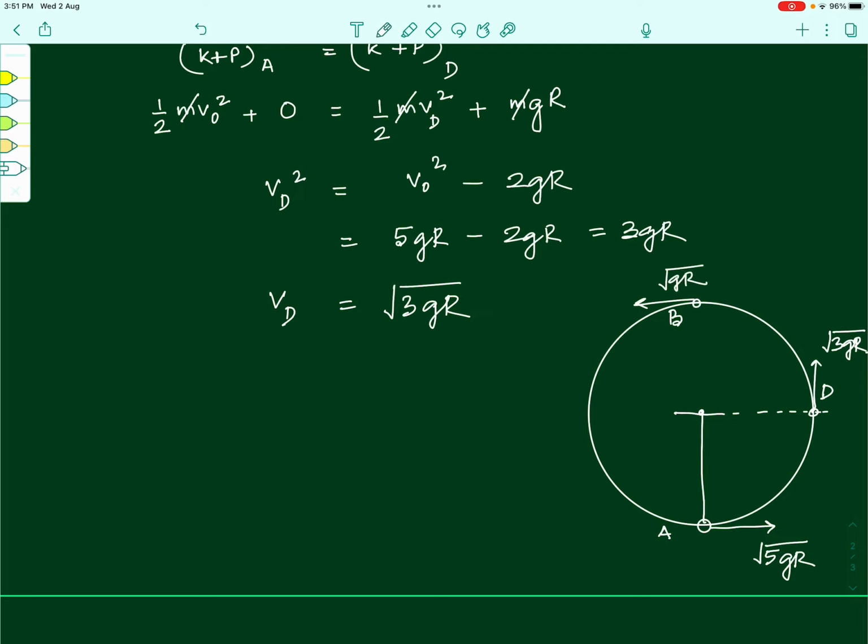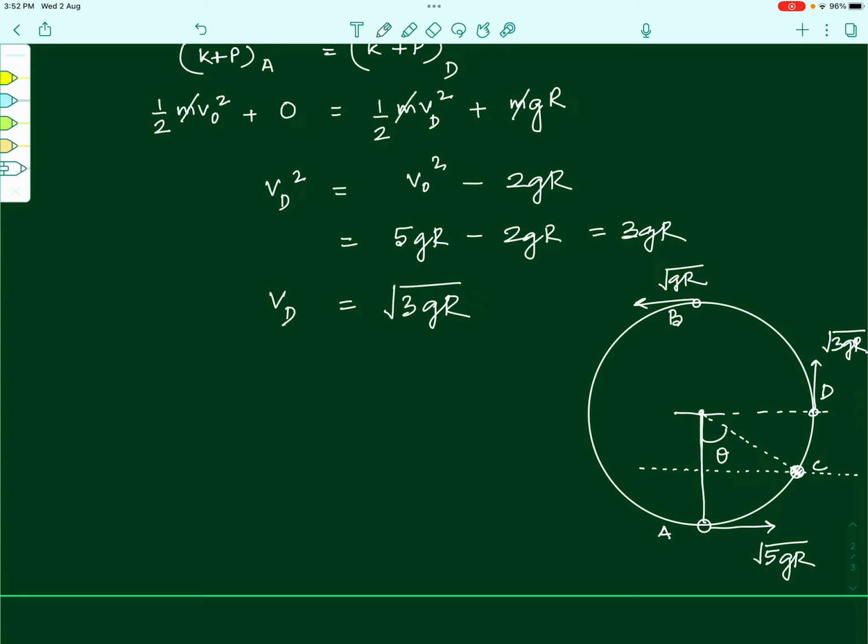I hope now you understand that if we want to find out the velocity at any other point over here, let us say at a point C which subtends an angle theta with the vertical, we can find this out as well, if only we can find out the height of this point C with respect to the point A. How do we get that?